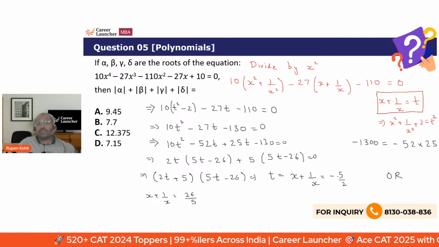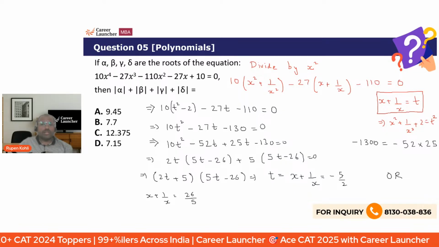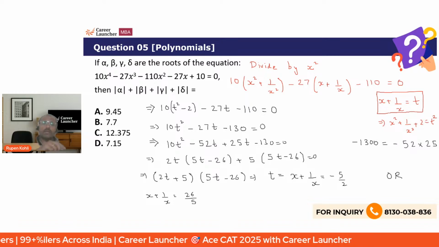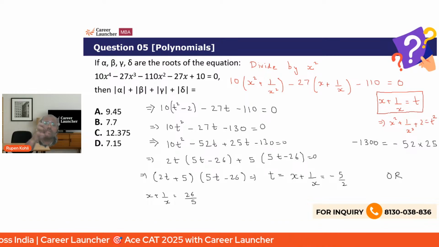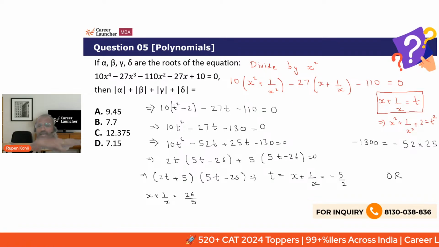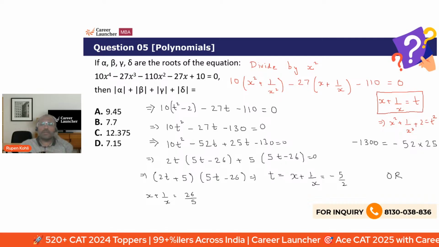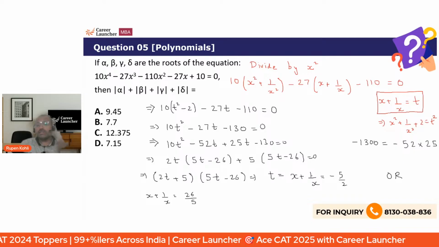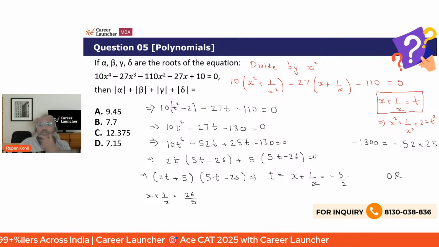Now, if I have this as minus 5 by 2, then I should be able to express minus 5 by 2 in the form of a number plus its reciprocal, the way I have the LHS. I'm trying to say, instead of creating a quadratic by doing x squared plus 1 upon x equal to minus 5 by 2, cross multiplying, doing the traditional way, right? Just do number fitting.